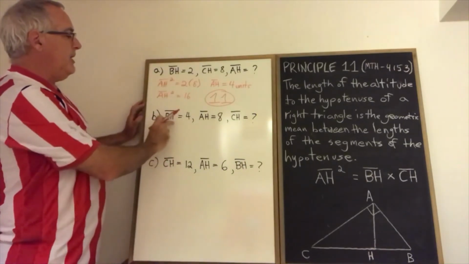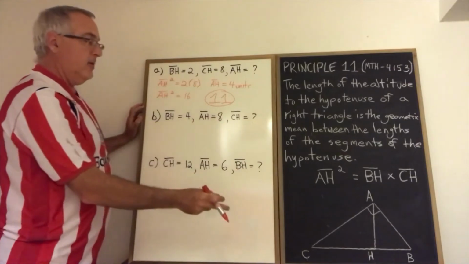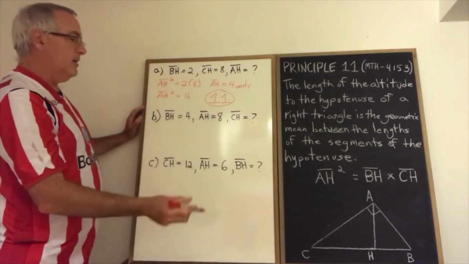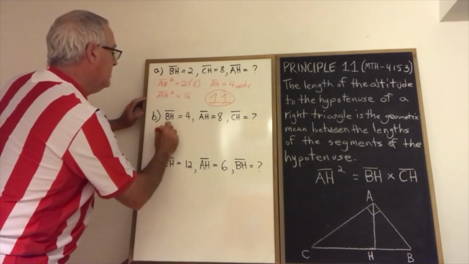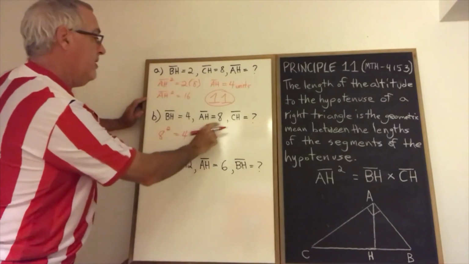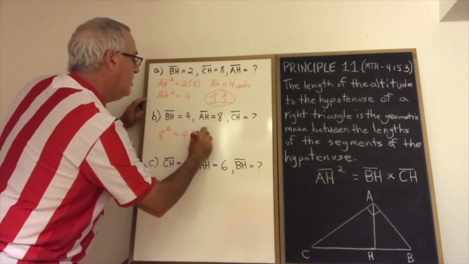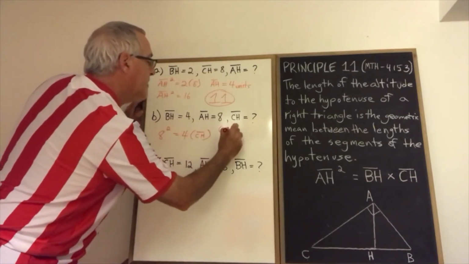In question B, we know BH, the shorter segment, is 4. AH, which is the altitude, is 8. How long is CH, the longer segment? So filling in the little formula, 8 squared is equal to 4 times my unknown, which is CH. 64, therefore, is equal to 4.